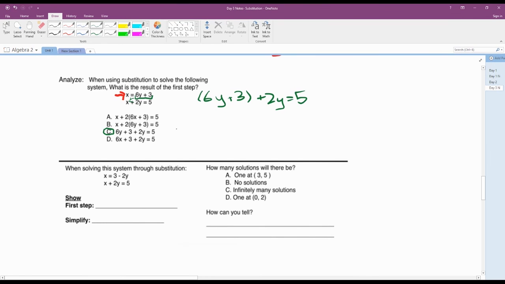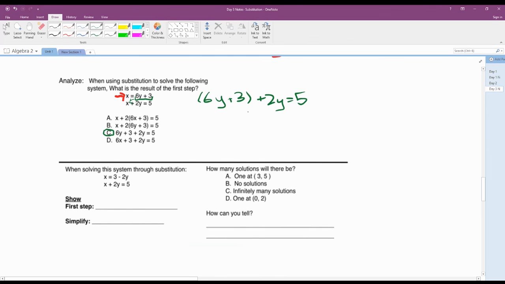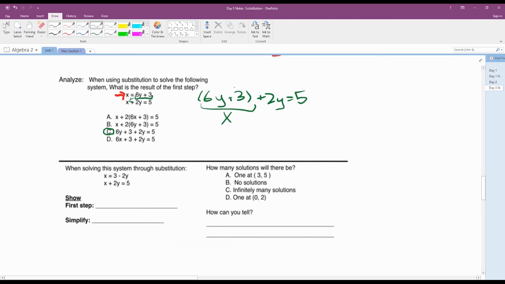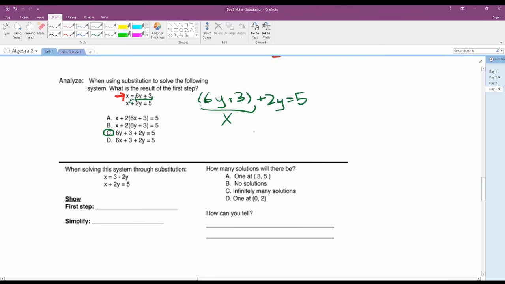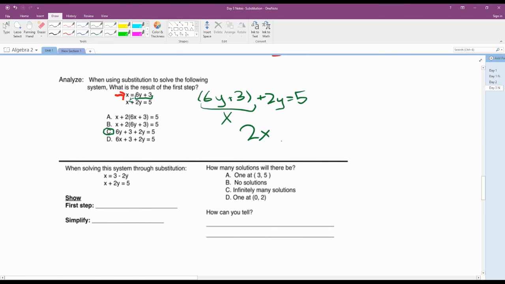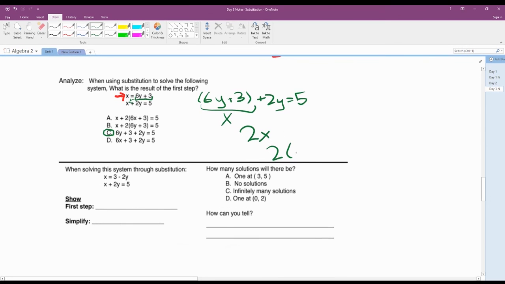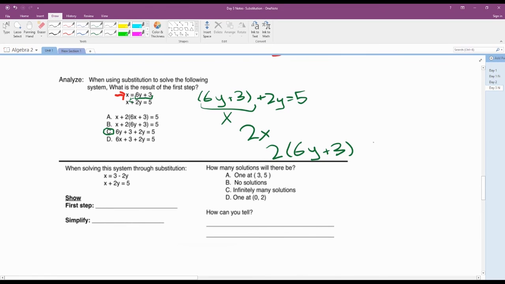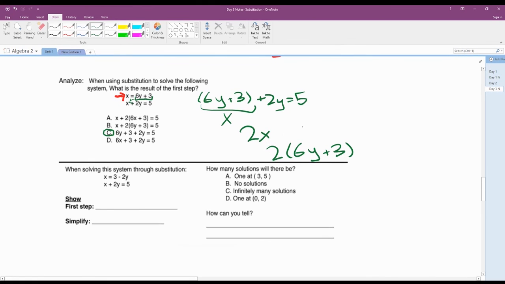I put parentheses just to show that this is x, but in this case, parentheses don't really matter. However, if I had like 2x, that would make a difference. So I'd have to say 2 times 6y plus 3. So it's a good practice to put those parentheses.